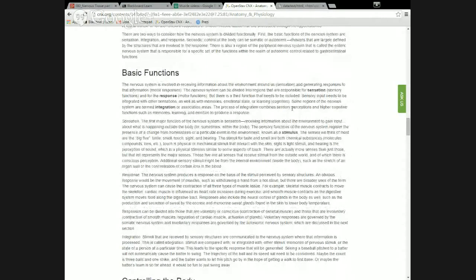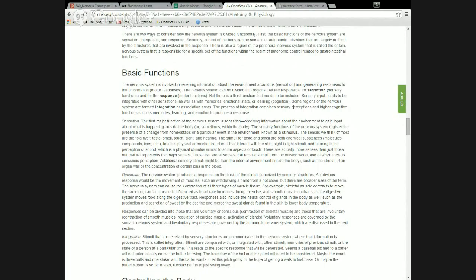So first off are the basic functions of the nervous system. If we talk about any system in the body, we want to start with what it does. Like the skin helps protect us, helps regulate body temperature, and is the sensory surface for touch. Those are the functions of skin.